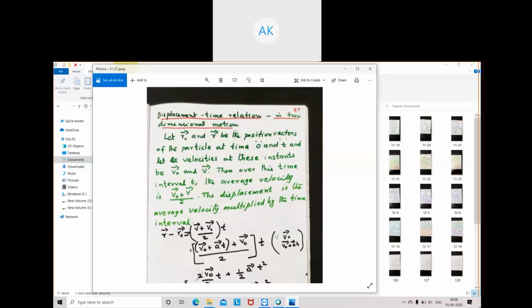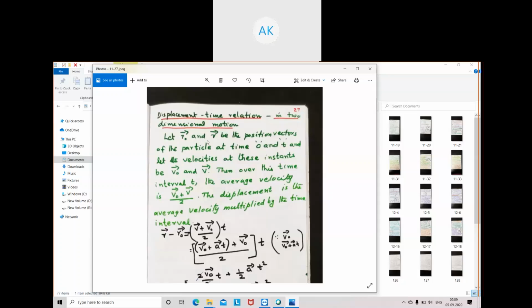It is moving with an acceleration. Suppose the car is uniformly accelerating. So with the uniform acceleration, the body is moving. At a time t equal to 0, position is r0. At a later time t, position is vector r. So what is the displacement? Vector r minus vector r0.